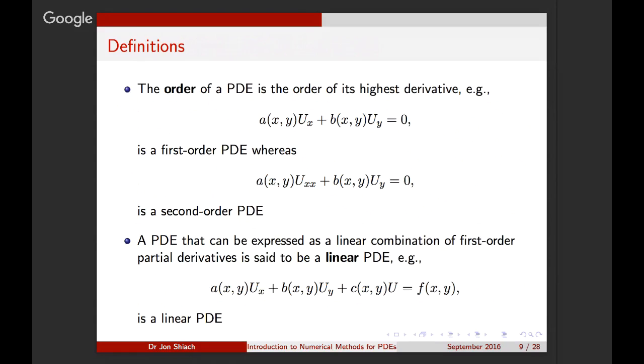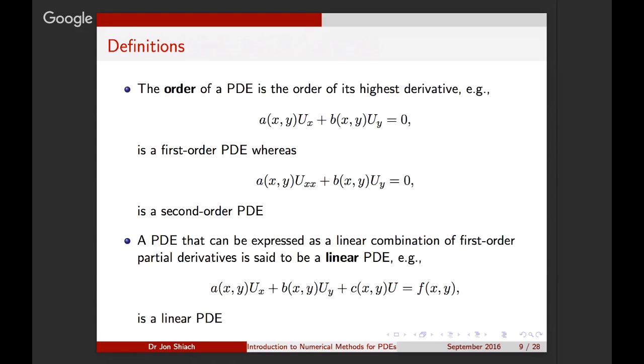Quite a bit of this lecture is going to be about terminology and definitions. So we'll start with the order. The order of a PDE is the order of its highest derivative. In this one, you can see we've got a first order derivative because there's only one x there.